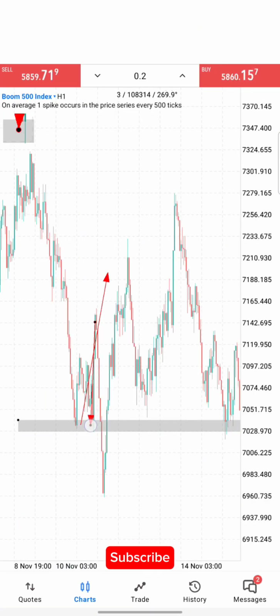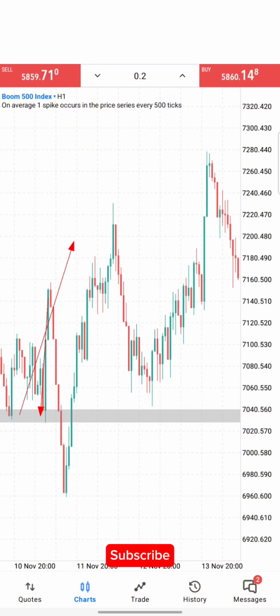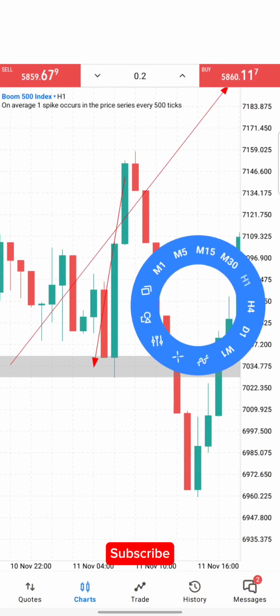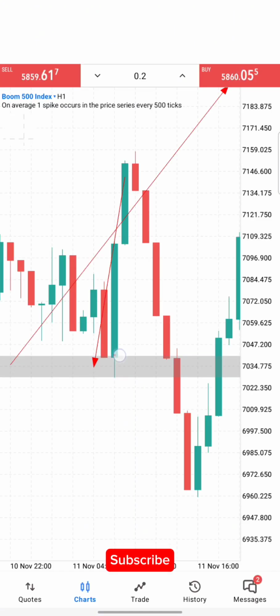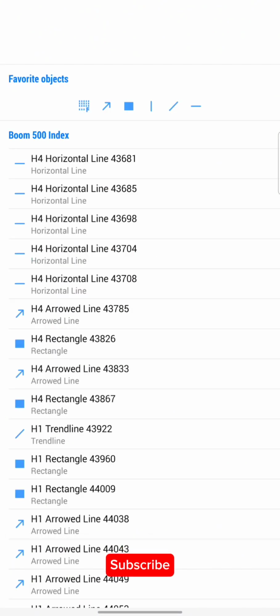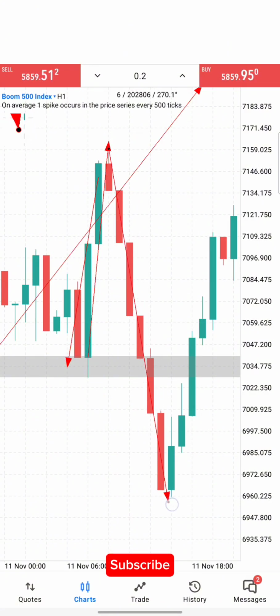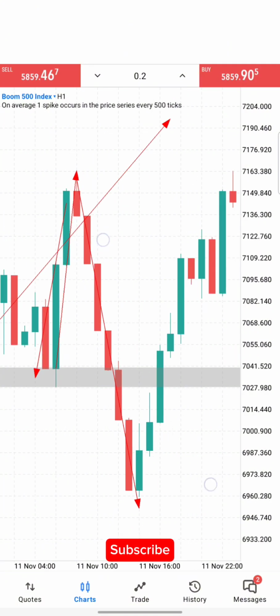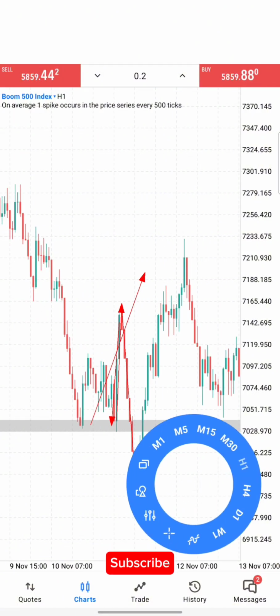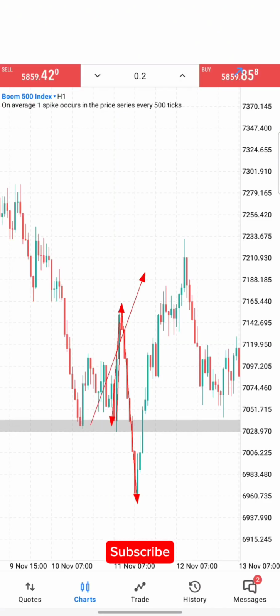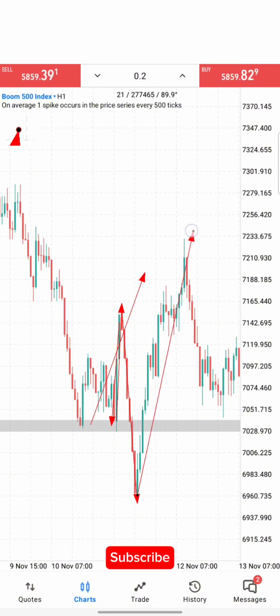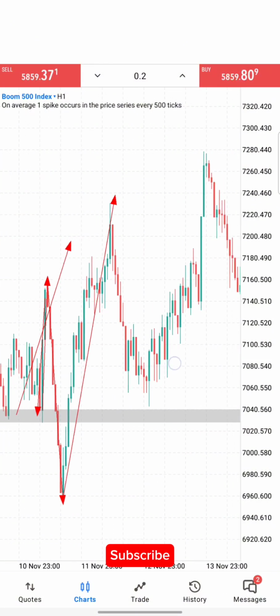You might be on a buy at this point, and then they'll give you a spike back to the upside. Now after giving you a spike back to the upside, you see you're excited that you're on a buy, market is going up, and then you see this strong reversal to the downside to now take out the stop losses, and then they will now head up to the upside.